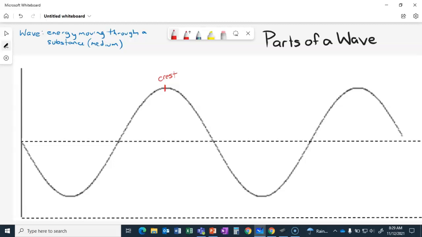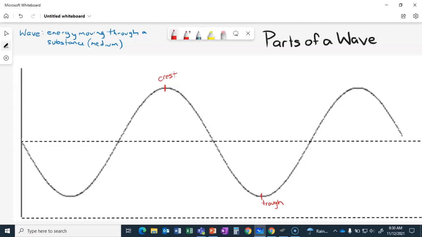The highest point is called the crest. The lowest point is kind of a strange word because the English language is strange, and a lot of people have trouble pronouncing this one. Trough is pronounced trough. So the lowest point in a wave is called the trough.